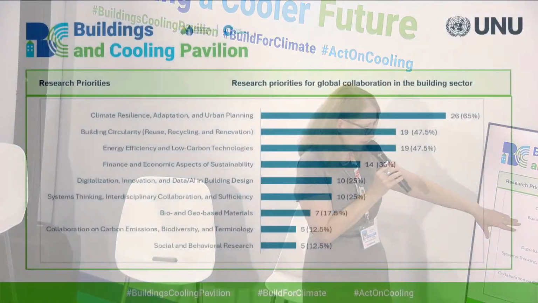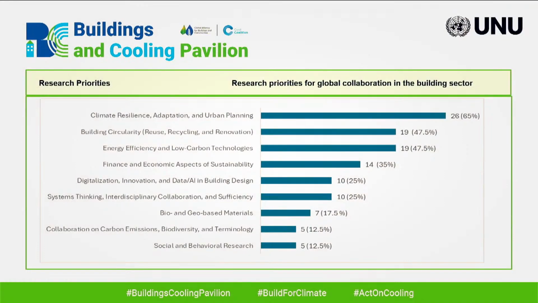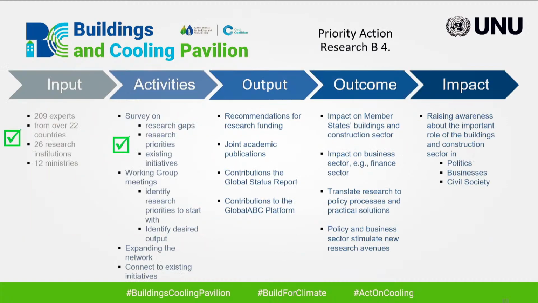When it comes to research priorities, and this is what we will launch here at COP30, we got clear feedback from those answering the survey already that we should start with climate resilience and circularity, followed by energy efficiency, also finance effects, digitalization, and then again also down to the social and behavioral research.